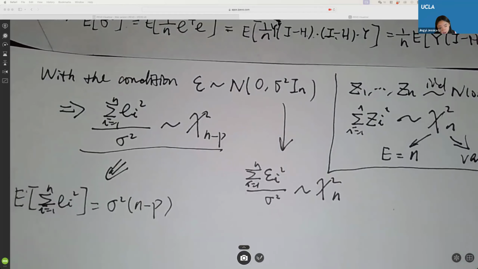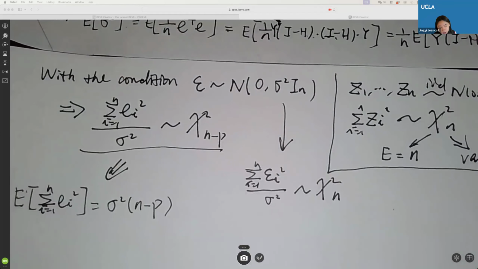So you see, and then we want to ask the bias question, because sigma squared hat is defined as 1 over n times the sum. Okay? And then you can clearly see its expectation will become sigma squared times n minus p divided by n.